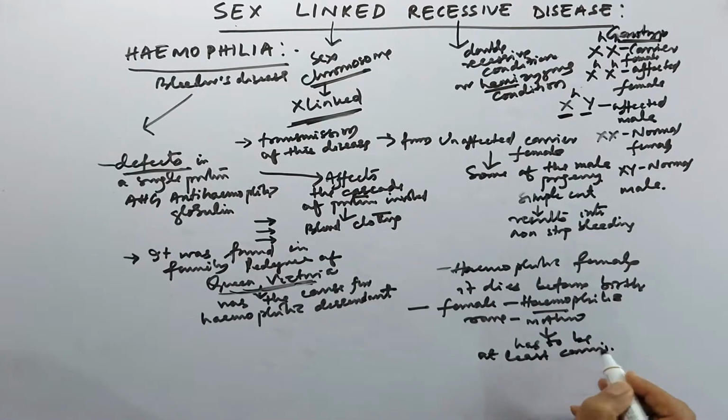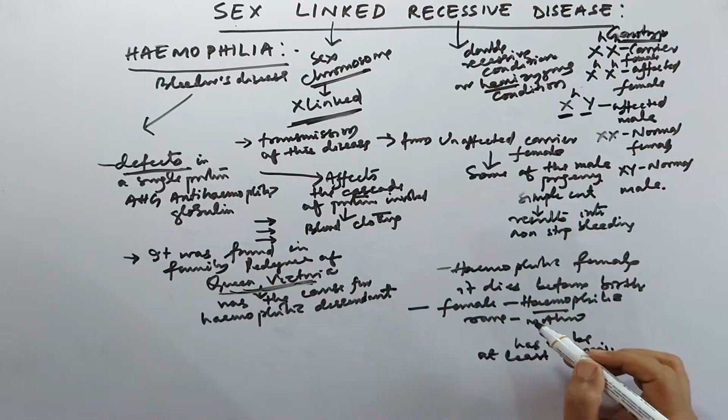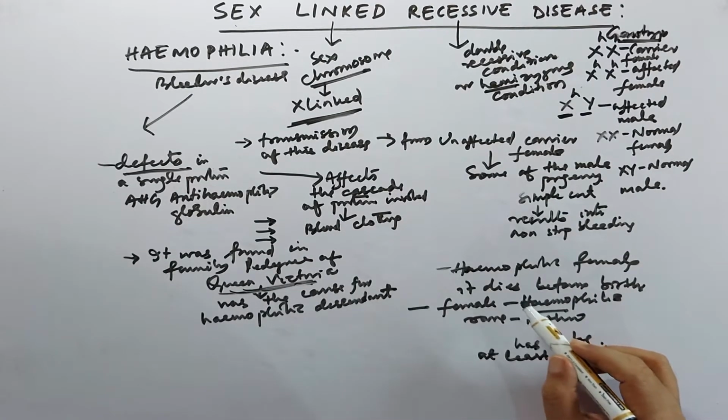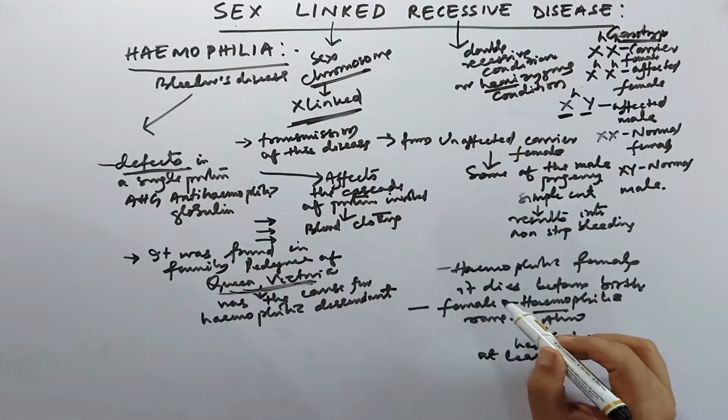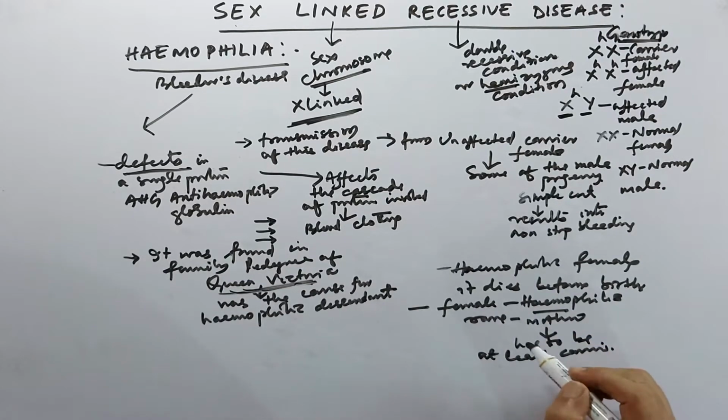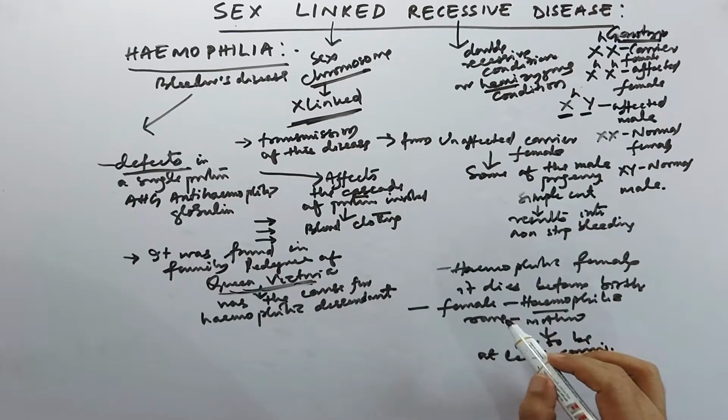We will discuss this by taking the cross. So three possible crosses are there, and we can discuss them in detail.